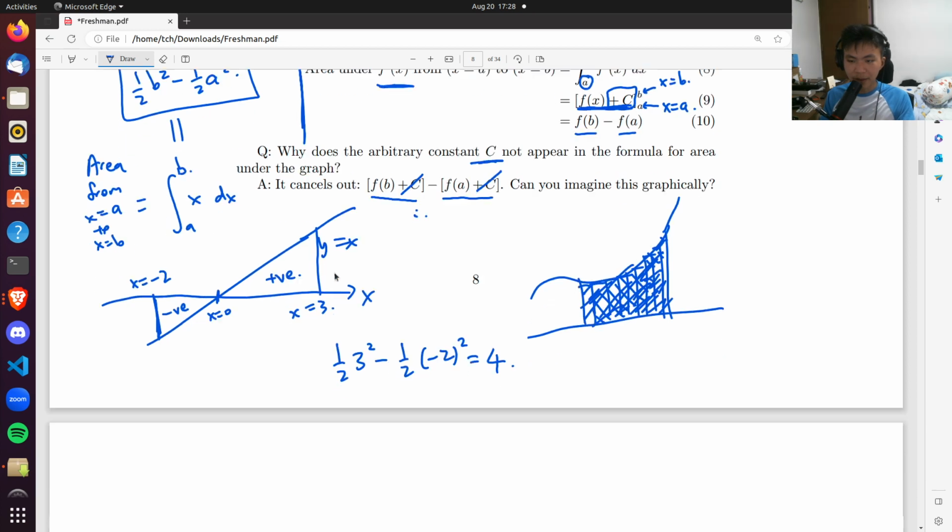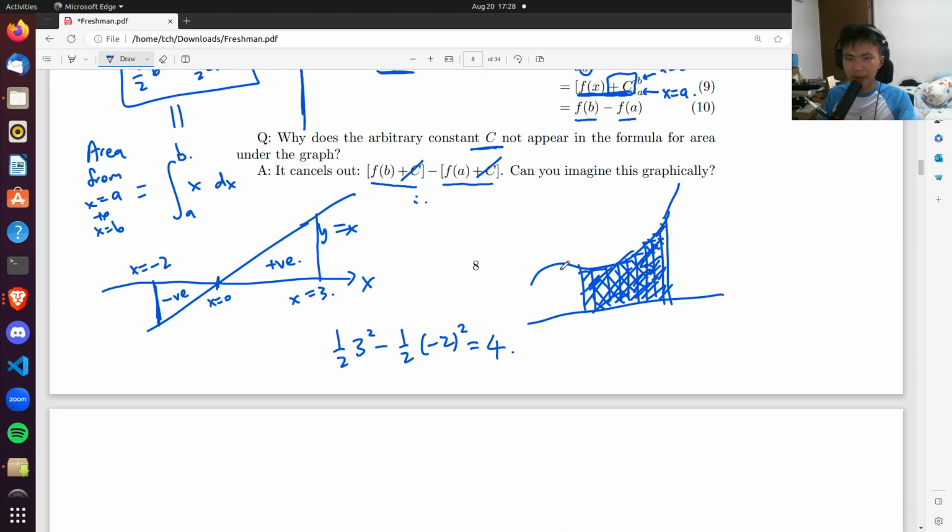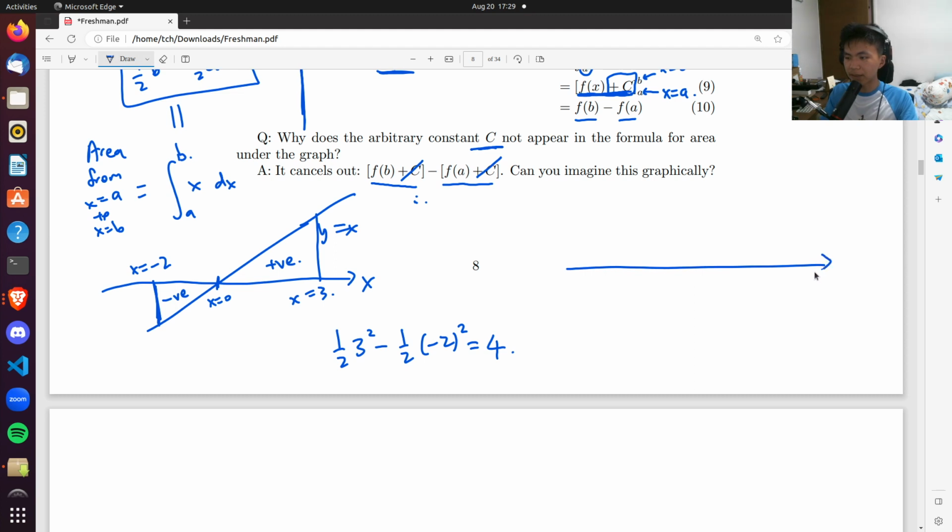Then the answer is that if your function has both negative and positive areas on the graph, if your function is both below and above the x-axis, let's say your function looks something like that, right?